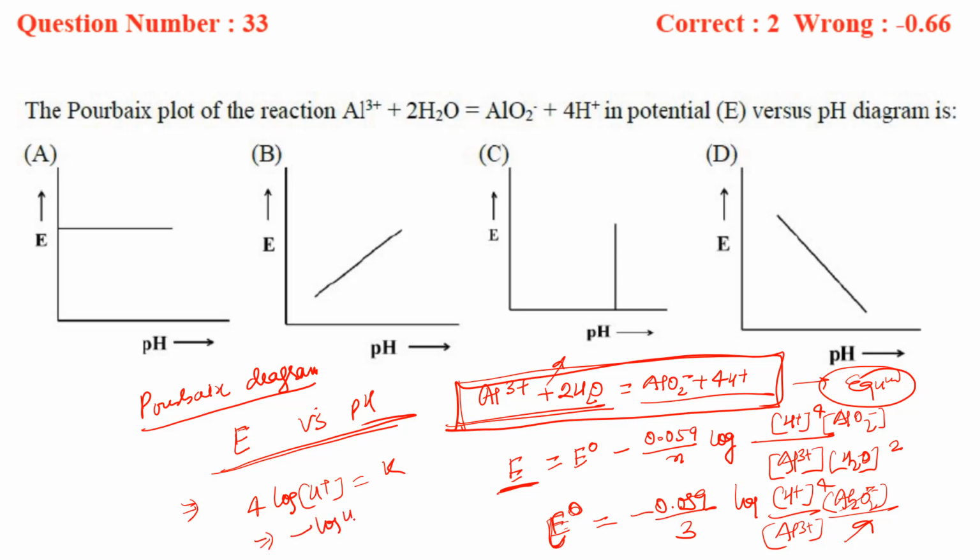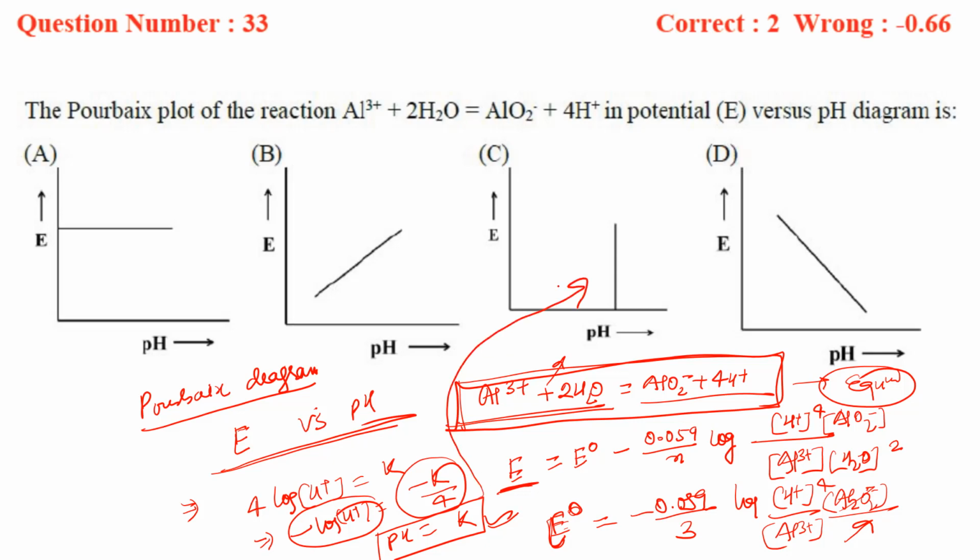So this will be minus log H+ is equal to minus K by 4, something like this. Minus log H+ is nothing but pH. So pH is some kind of constant K. So according to this reaction, the pH will be a constant, means it will not depend on the electrochemical potential. So this is shown in diagram C.